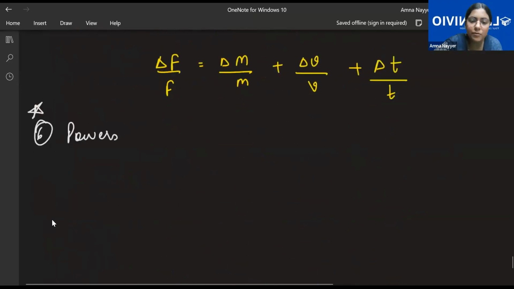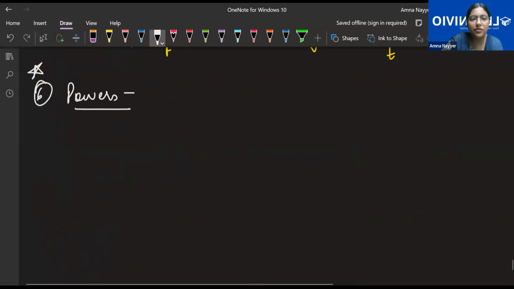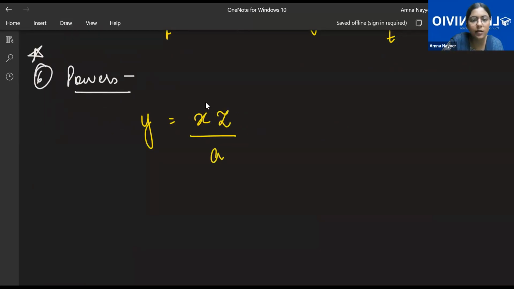Yes, so when I'm talking about the powers now, powers, they get multiplied to the fractional term. Let's say I have y is equal to x square z to the power 3 divided by z cube and a to the power 4. Now when we write delta y divided by y is equal to, we have delta x divided by x.